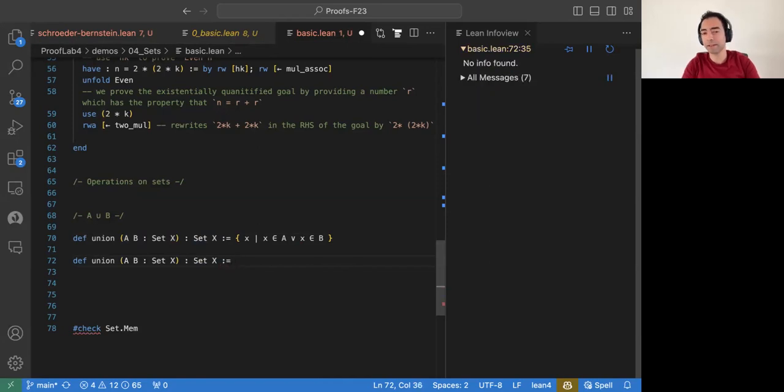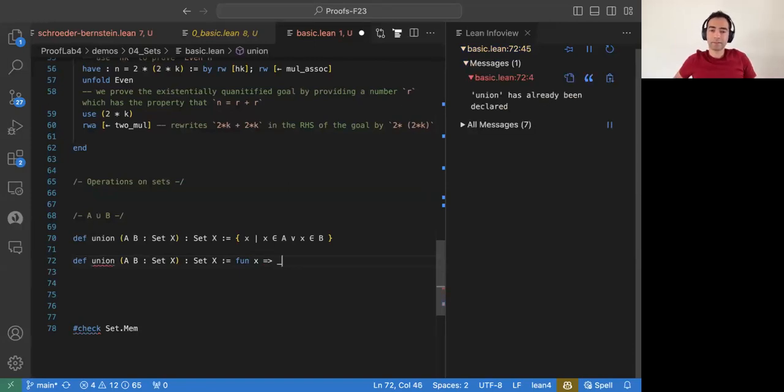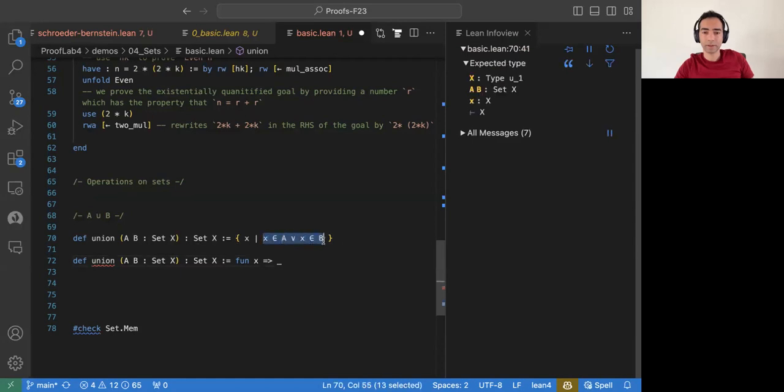How do I write this as a predicate? Now it should be a function from X to Prop, right? Because it's a function from X to Prop, I write lambda x, but what is after that? How do we translate this part into a proposition?